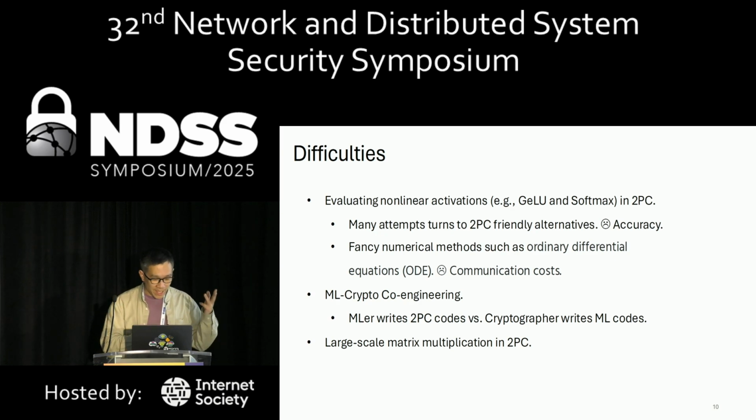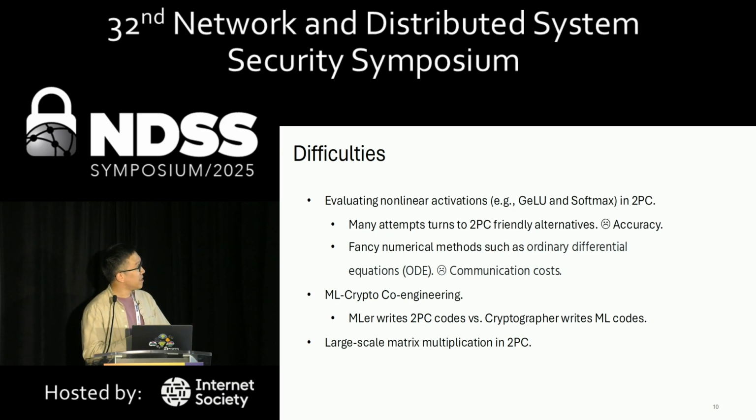And we are basically facing three issues here. The first is to design protocols to evaluate nonlinear activation functions like GELU and softmax in the two-party setting. Some of the previous approaches turned to 2PC-friendly alternatives, but this harms the accuracy. Others turned to very fancy numerical approximations, but they actually introduced a lot more communication.